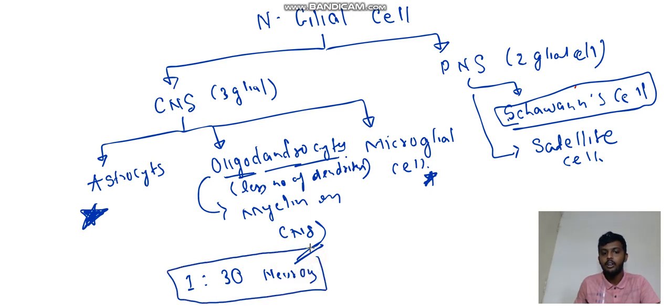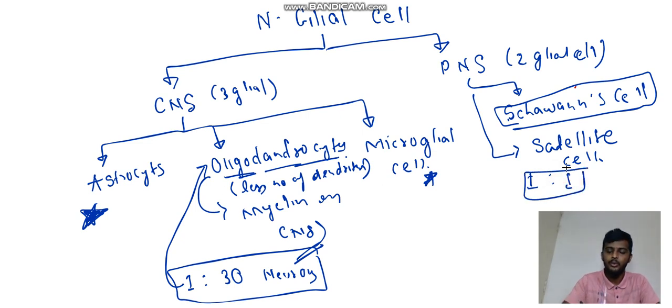But for Schwann cells, one Schwann cell is going to myelinate only one neuron. So 20 Schwann cells are going to myelinate only 20 neurons. That's it.